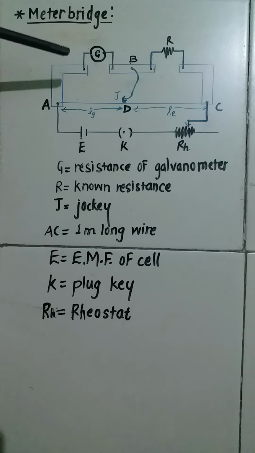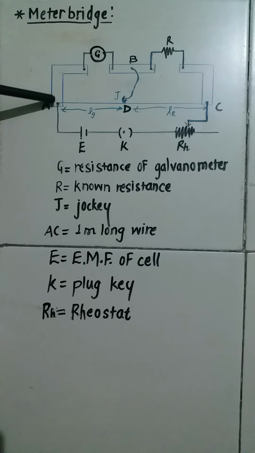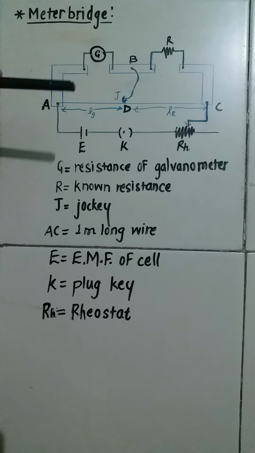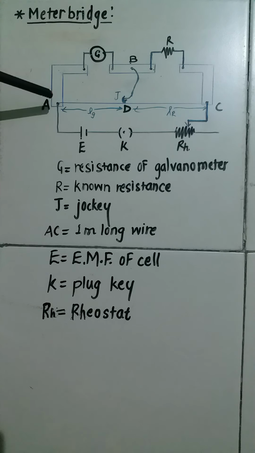Third error is that lengths Lg and Lr may not be accurately measured. Why will this happen? Because point A may not be exactly situated at 0 and point C at 100 centimeter. We know that this wire AC is 100 centimeter long, means 1 meter long, but we cannot say these points are exactly there. So because of that error may be introduced.